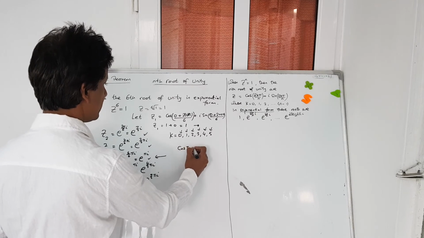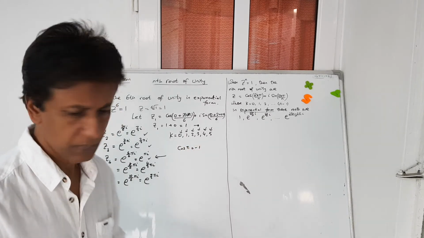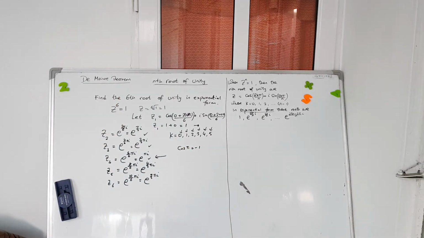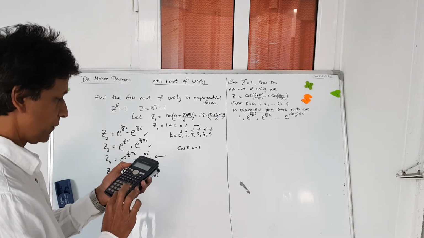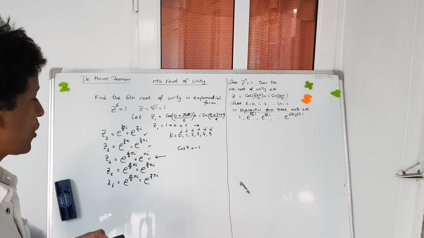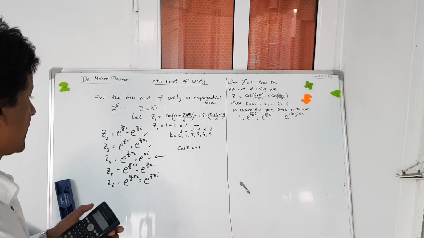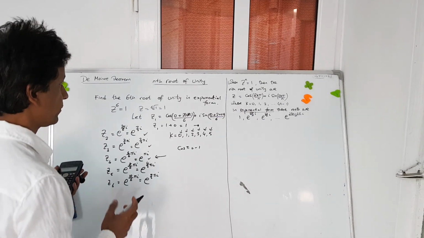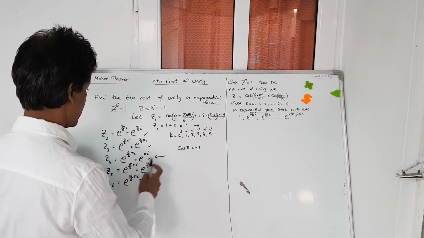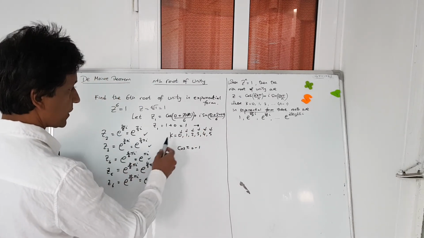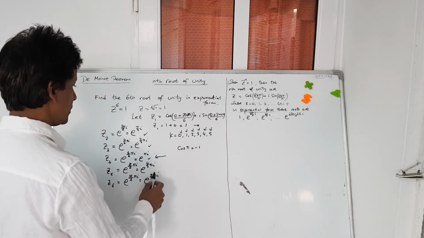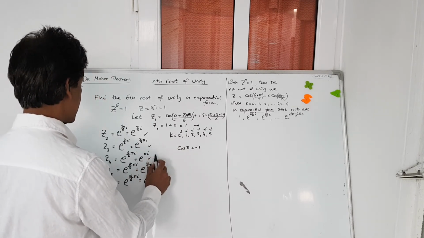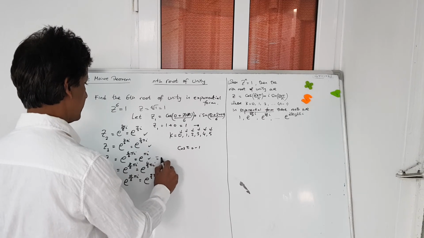Let's check. Cos of pi turns out to be negative 1, that's great, and sine of 0 is 0. So this one here can be written as negative 1.